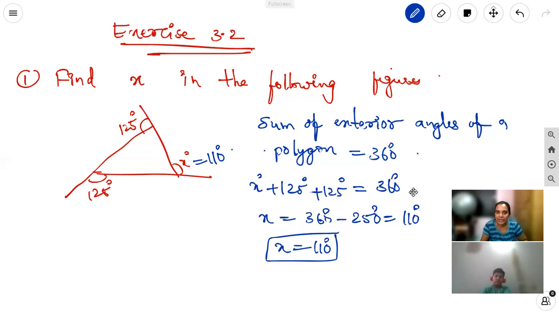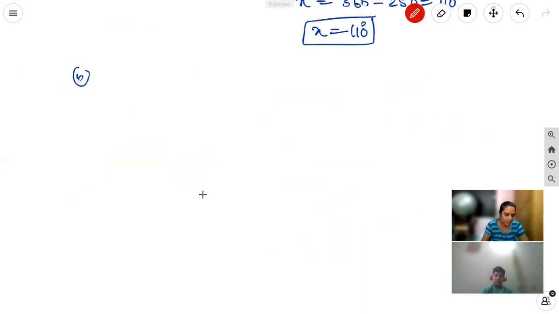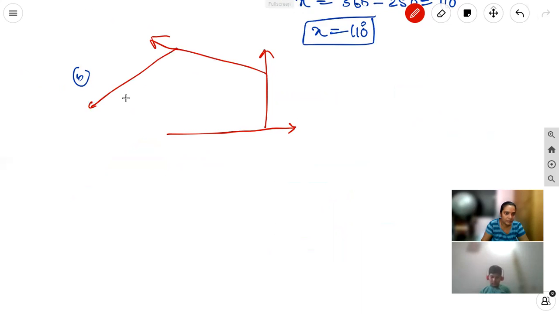Okay. The second one is in this B bit, we can draw the diagram here. Here it is 90 degrees.